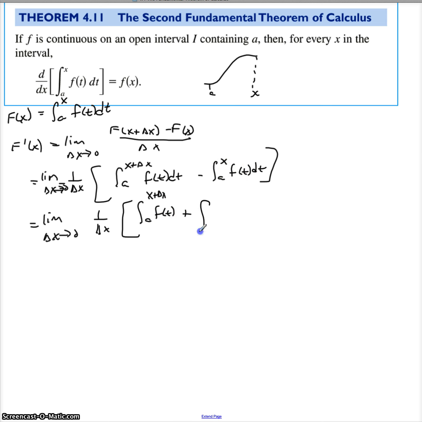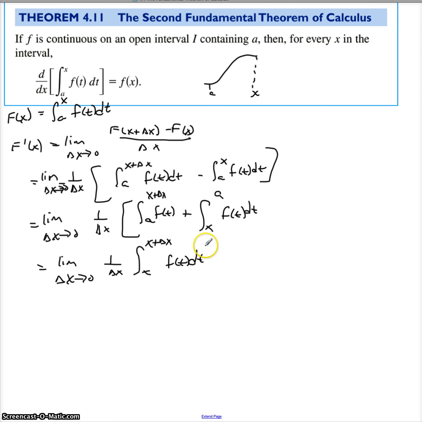So it's plus the integral from x to a of f of t dt. Now, because these limits are the same, I can combine this. This becomes the limit as delta x goes to 0 of 1 over delta x. Now, this becomes the integral. My lower limit is x. My upper limit is x plus delta x, f of t dt.